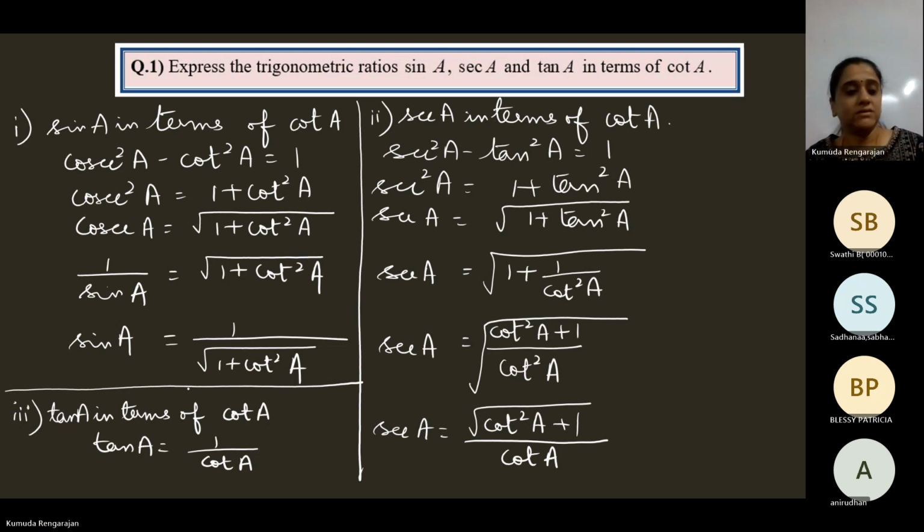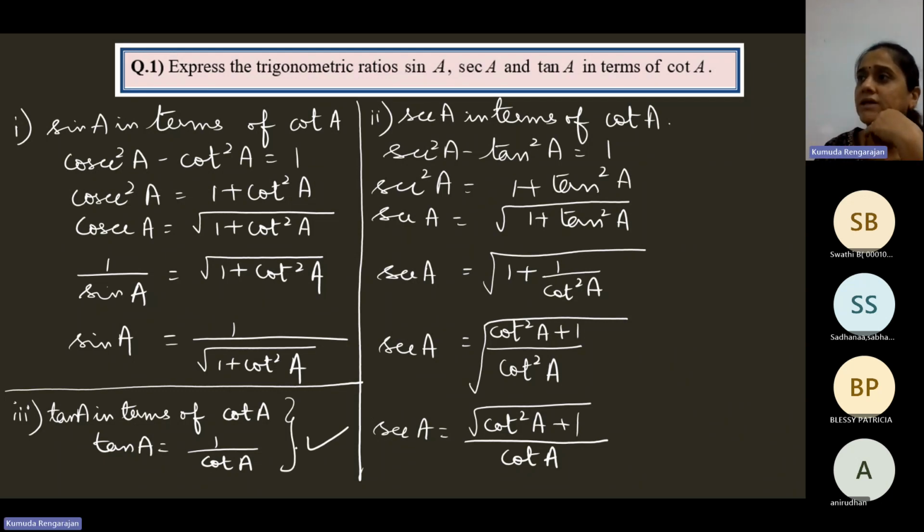Okay. Third one also written here. Tan A, the third one. Tan A in terms of cot A. See, tan A is equal to 1 by cot A. Tan A in terms of cot A, tan A is equal to 1 by cot A. Correct?